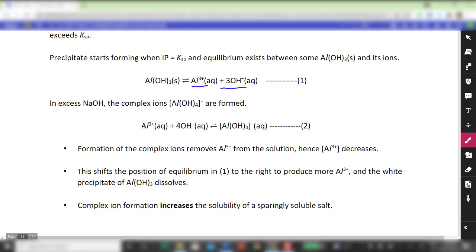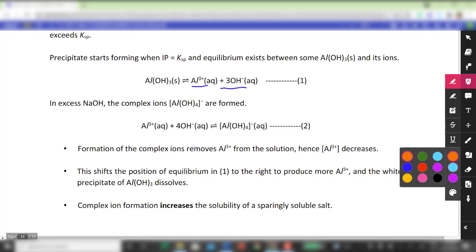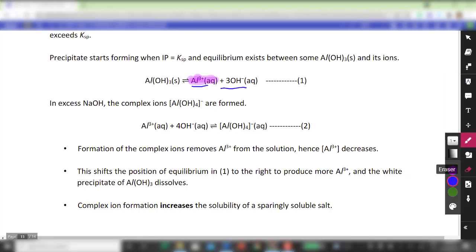So when you add in excess OH minus, the excess OH minus reacts with the little amount of Al3+ that is present in the solution. This will result in equilibrium 2 operating, and it is analogous to removing Al3+ from the first equilibrium.